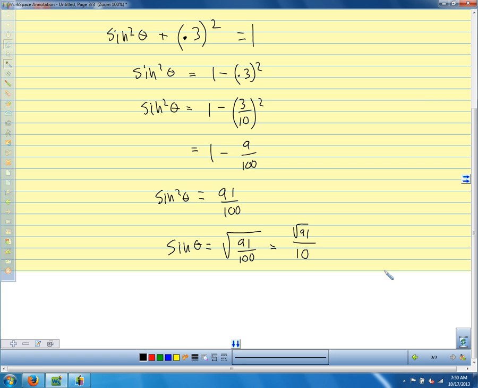So I can find the exact value of all 6 of the trig functions from here. That's one benefit of using identities. We get this exact value, and then I can find the exact value of all 6 trig functions for this particular angle. So that's one example of how we would use this identity. Questions? Everybody clear on what we did there?